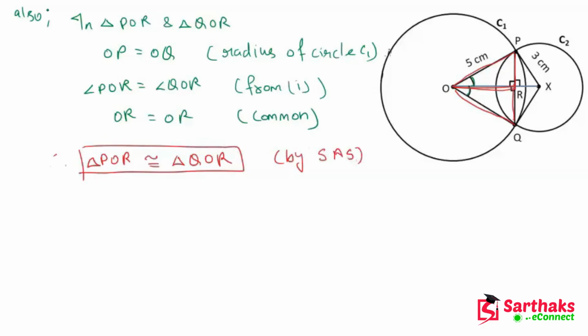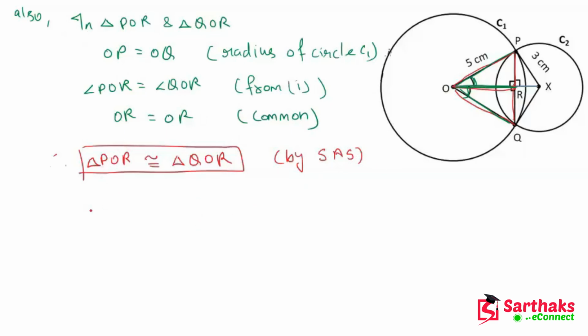You can see one side, included angle and the another side. So we can say that these two triangles are congruent by side angle side rule.